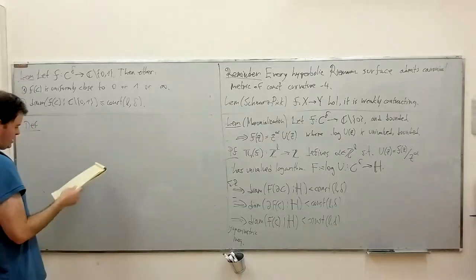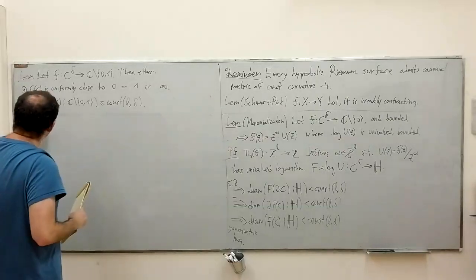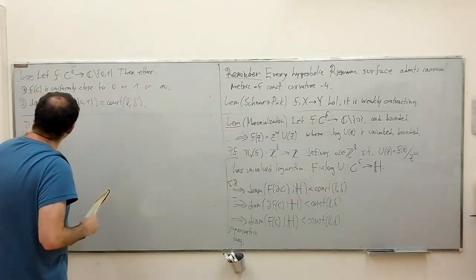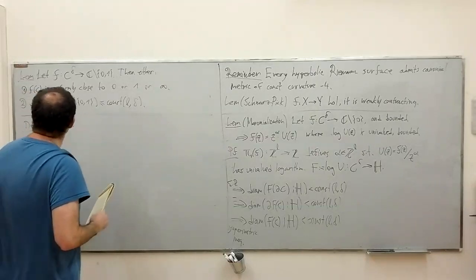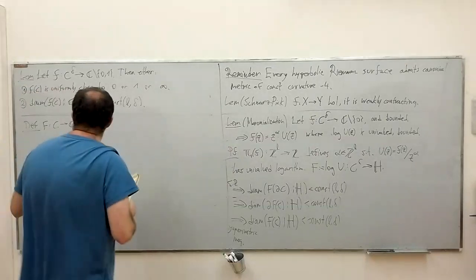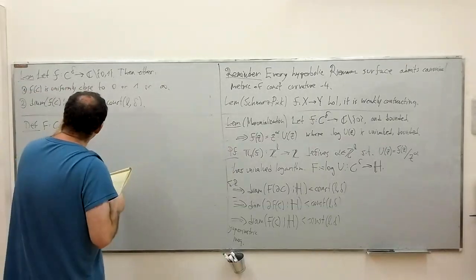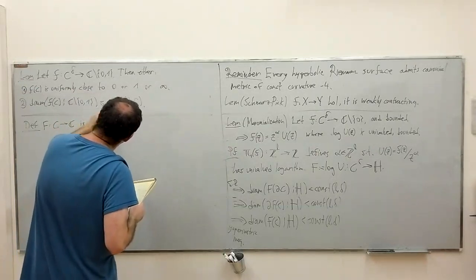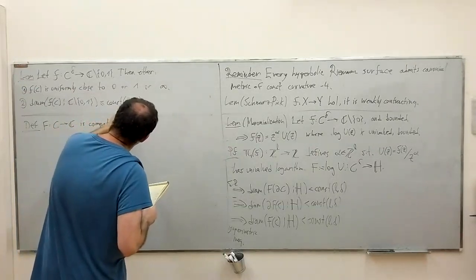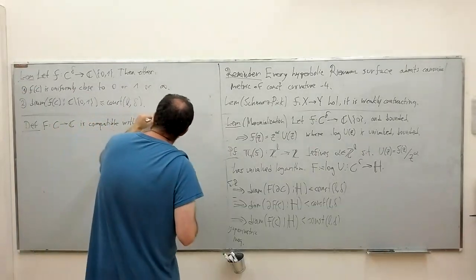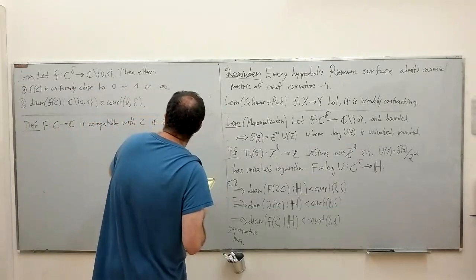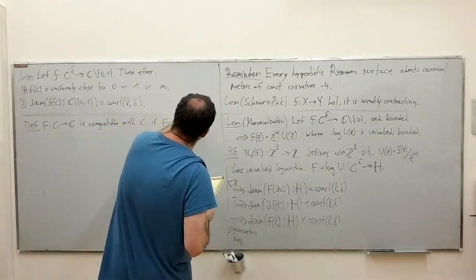Definition. I have a function. If I have a cell and a holomorphic function on the cell, I'll say that it's compatible with the cell if f is identically 0 or f is non-vanishing.